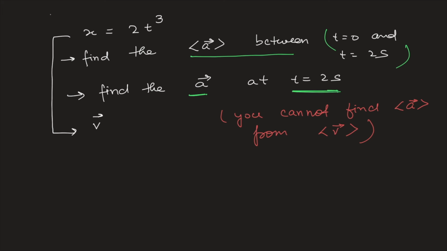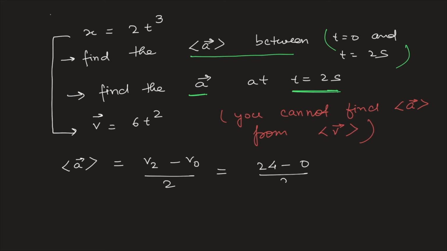So let's see how that works out. Instantaneous velocity is 6t square. I have already done the differentiation, so I'm not doing it again. Now I want to find average acceleration between 0 to 2 seconds. So what am I going to do? We find the velocity at 2, subtract the velocity at 0, and divide by time. So at 2 seconds, the velocity is 24, minus 0, divided by 2, and that is 12 meter per second square.